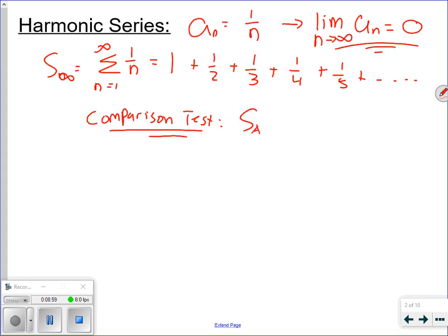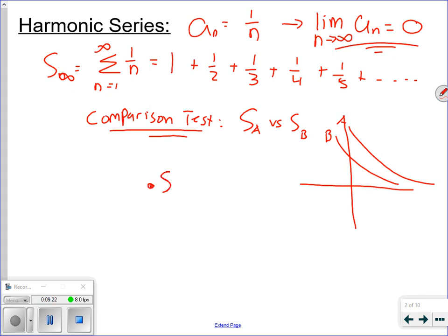We'll call it Series A versus Series B. There's two things that could happen. Series A could converge to a sum. Let's say the sum is 0. And let's say that Series B is always less than Series A.